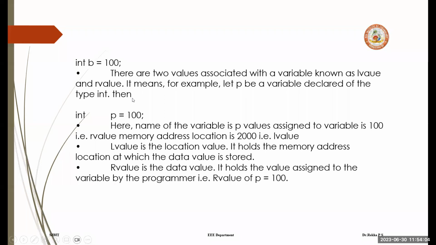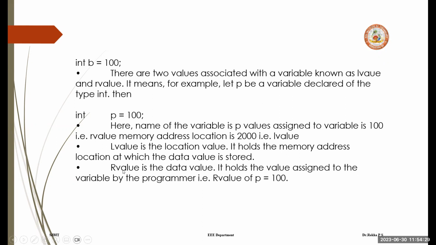For example, let P be a variable declared of the type integer, and P is equal to 100. Here the name of the variable is P, and the value assigned to the variable is 100. That is the R value. The memory address location is 2000, which is the L value.